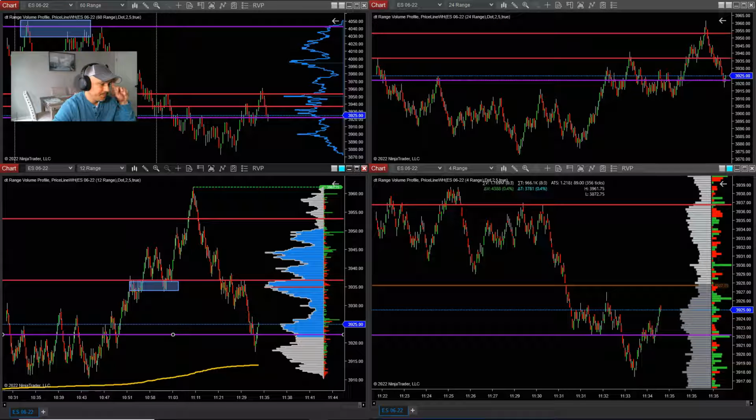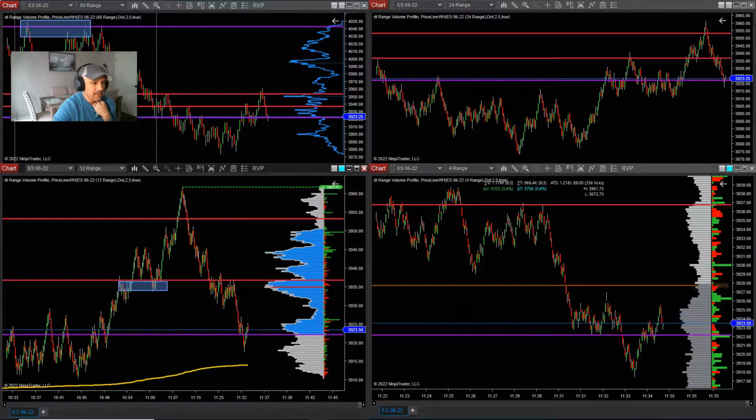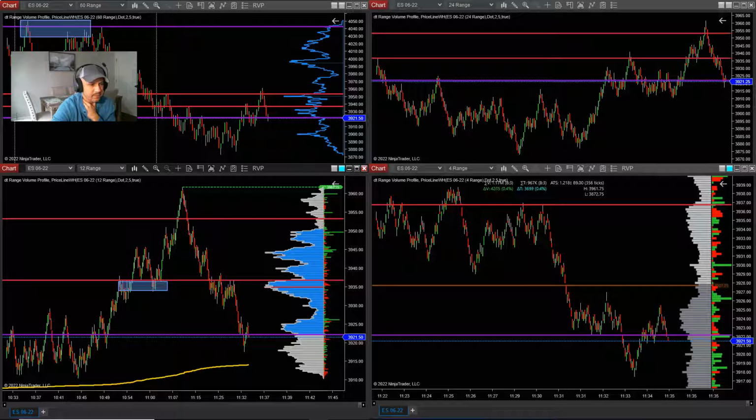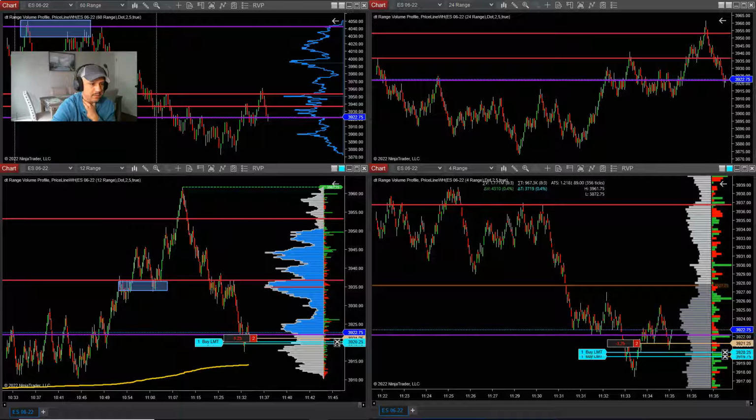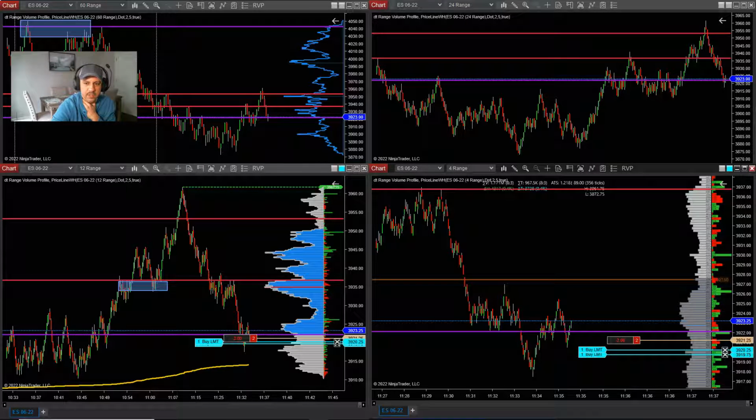Yeah, okay. All right. Just be careful. Just going to wait it out here, see what price does. I need it to break below that purple line though. Okay, it did. Okay, I'm going short. Come on. I'm short early though.